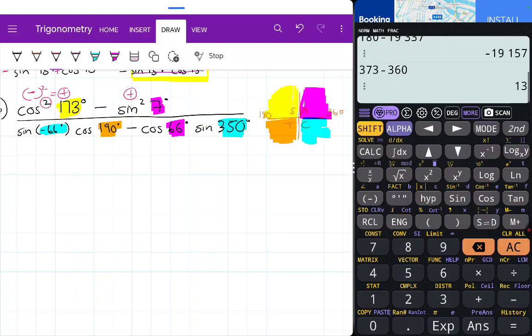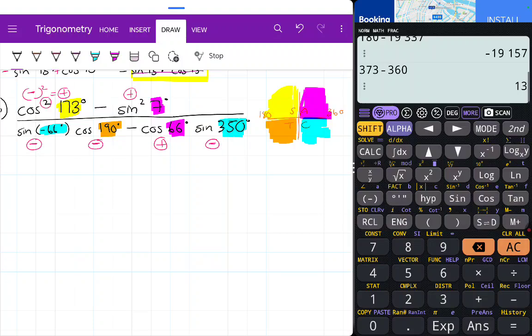At the bottom we have blue. In the blue quadrant, cos is positive, so sine is negative. In the orange, tan is positive, so cosine is negative. Next one, cosine is positive because all is positive. And in the blue, cos is positive, sine is negative. So now we know where everybody lives and what their signs will become.